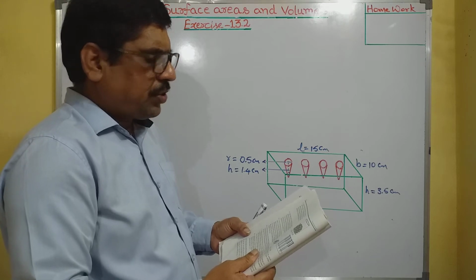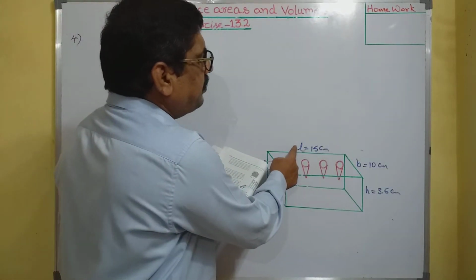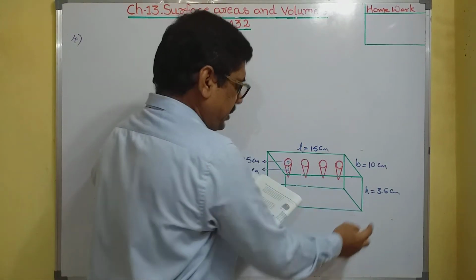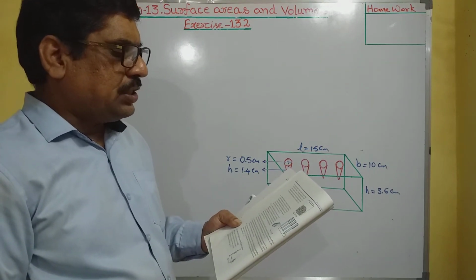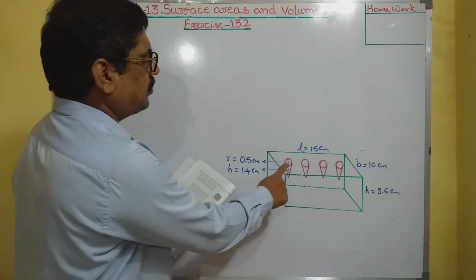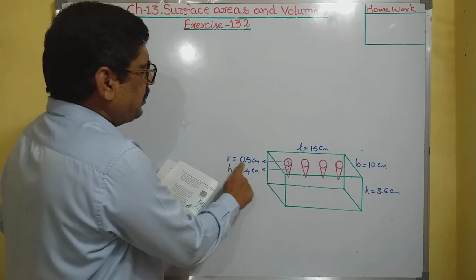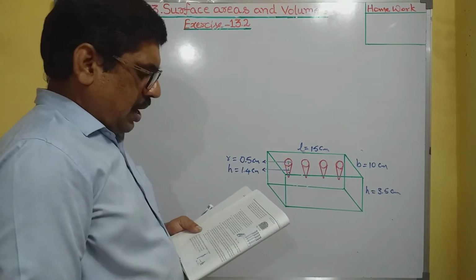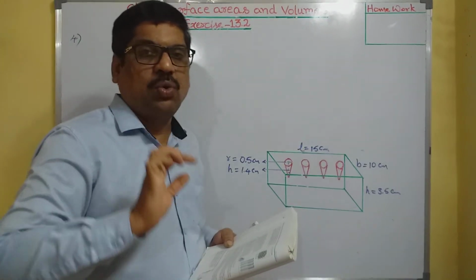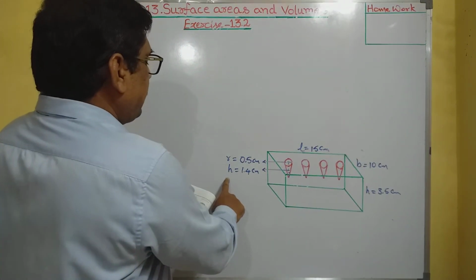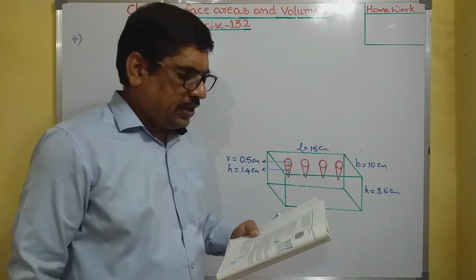Okay. Now, see what has been given. The dimensions of the cuboid are length 15 centimeters, breadth 10 centimeters and height 3.5 centimeters. The radius of each of the depression is 0.5 centimeters. Look at this. Here I have given the radius is 0.5 centimeters and the depth we can consider as the height of the cone. So that is given as 1.4 centimeters.